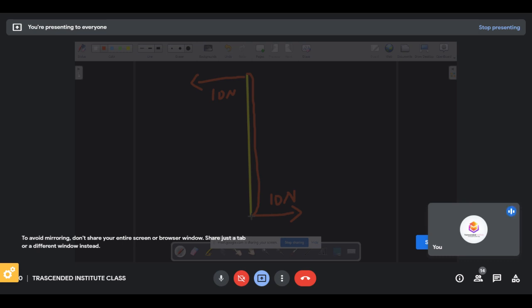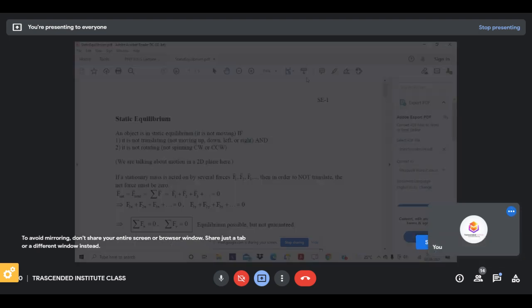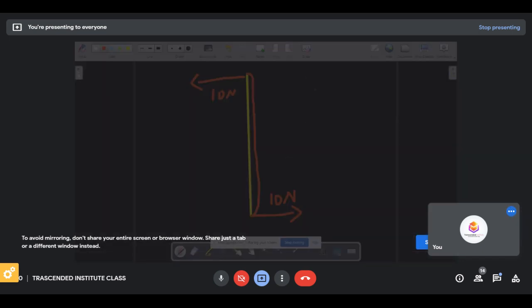Okay, that's a good one. That will help you understand what I'm trying to say. So let's try to get the summation of the forces in the x-axis, because they're the only ones present.